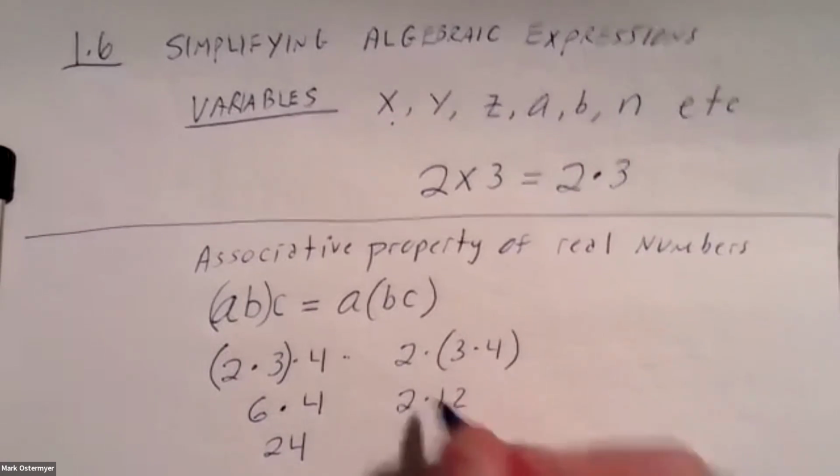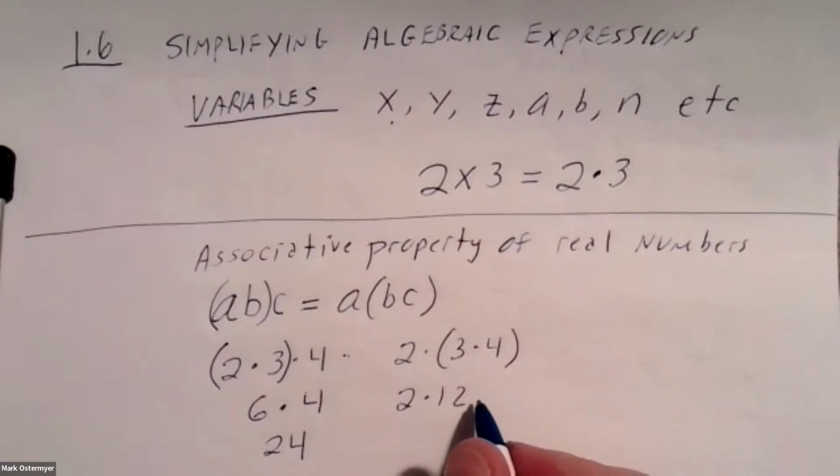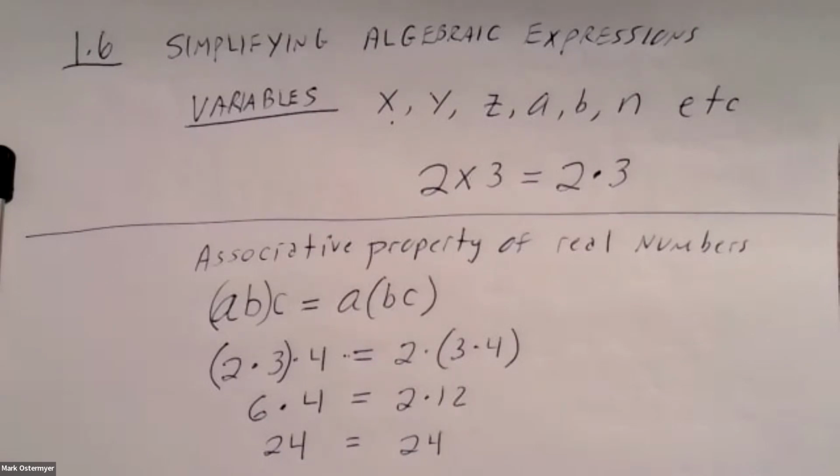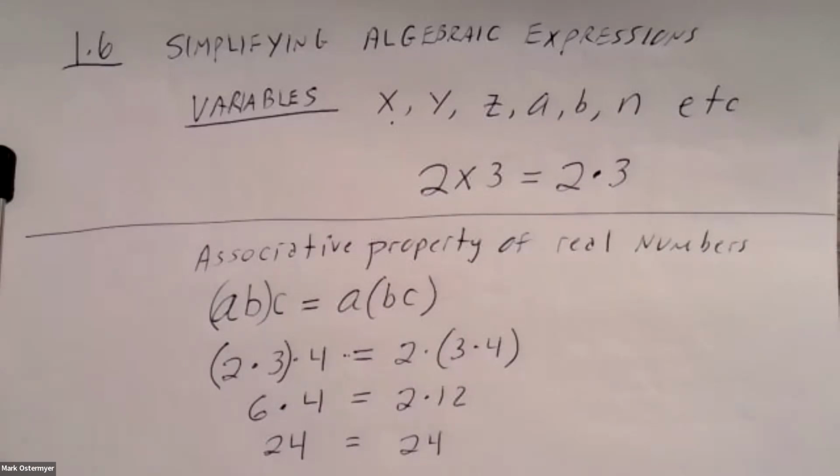What's 2 times 12? 24. Do you agree these are equal to each other? That's what the associative property is illustrating. When you're multiplying 3 numbers together, it doesn't matter what order you group them. You'll get the same product either way.